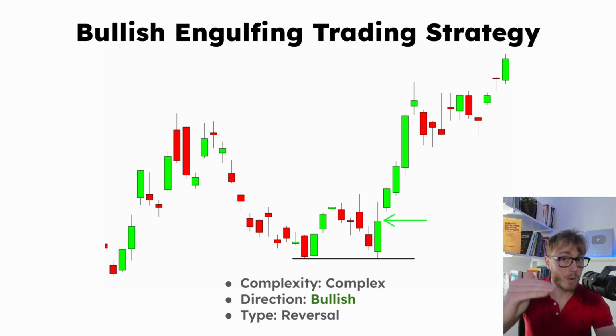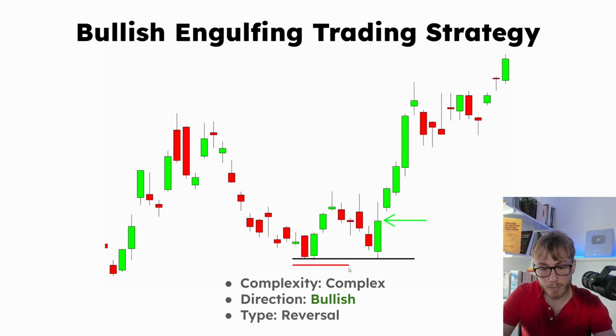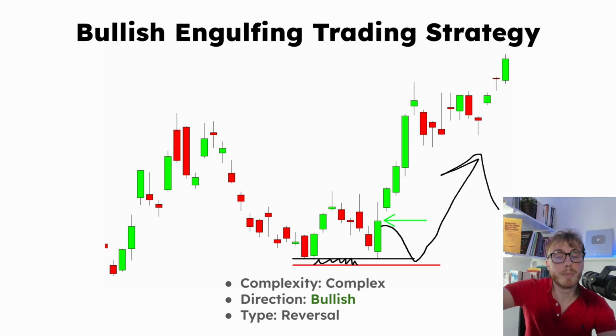But if one low is slightly lower, I like to place the stop loss below. So in this case, I would set the stop loss around here. As you also can see, I usually leave some wiggle room right here. So if the price comes down to the support once again, we have some room for the price to bounce here before we get stopped out.